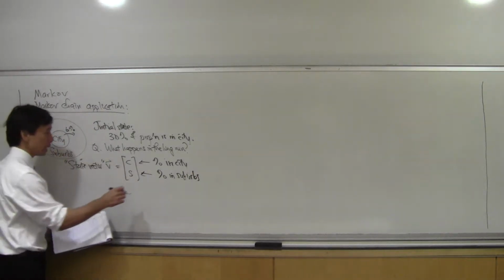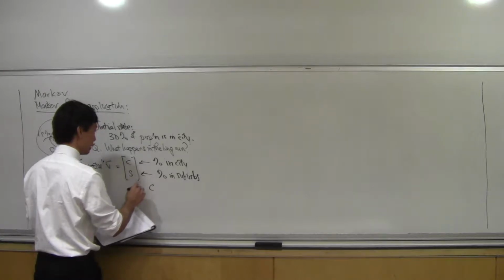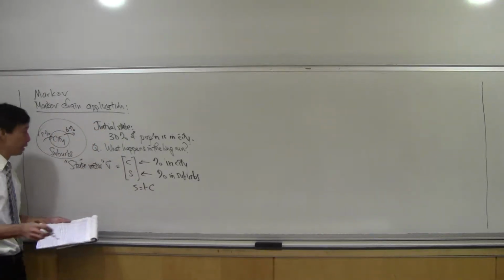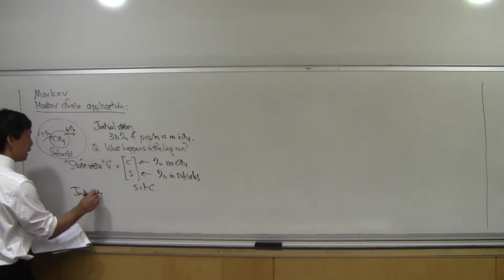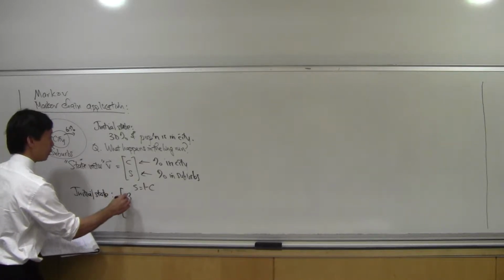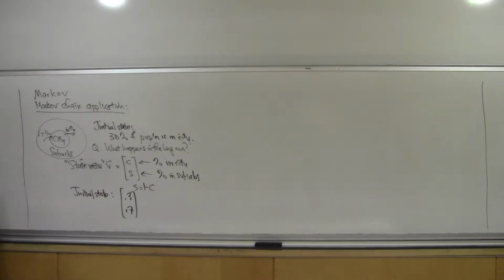Of course, s is 1 minus c. And for us, our initial state vector is going to be 0.3, 0.7. 30% in the city, 70% in the suburbs.